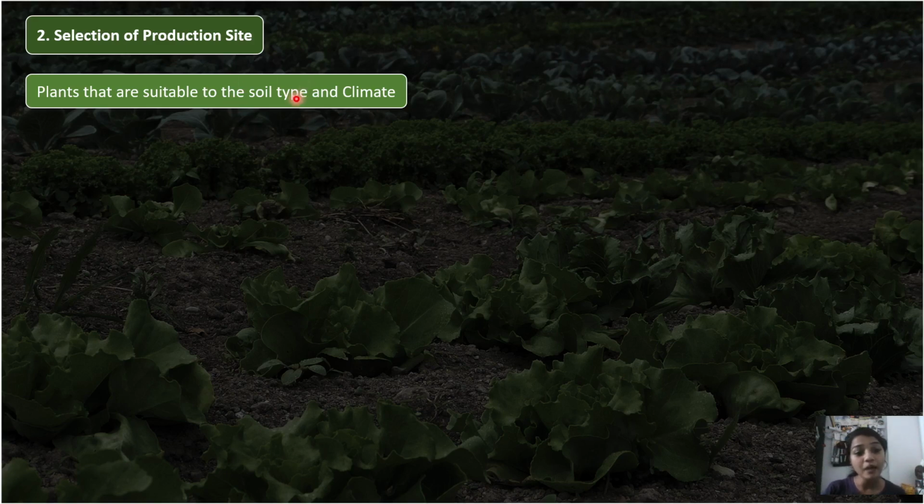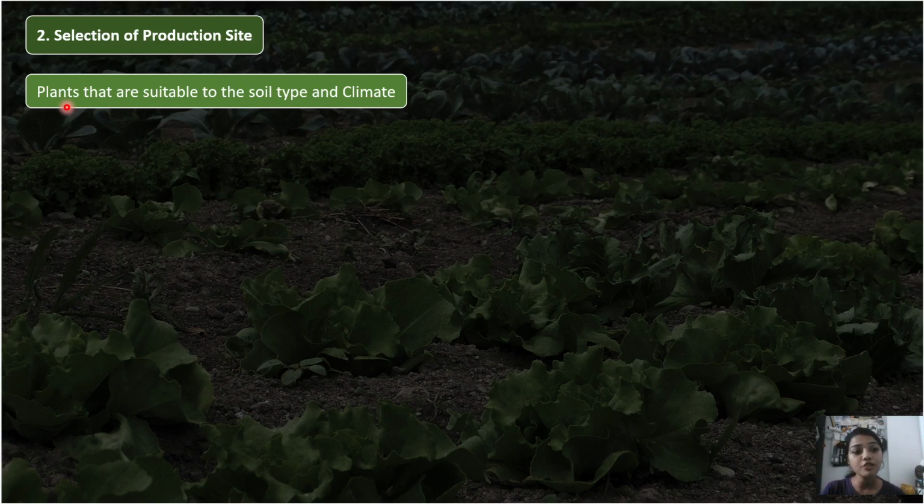So depending upon what soil type and what type of climate a plant prefers, we should select the plant. We should never select plants that do not suit the soil type or climate, right? Because if the plants do not find the climate and the soil suitable, ultimately the plant will become weak, and a weak plant will always invite pathogens.